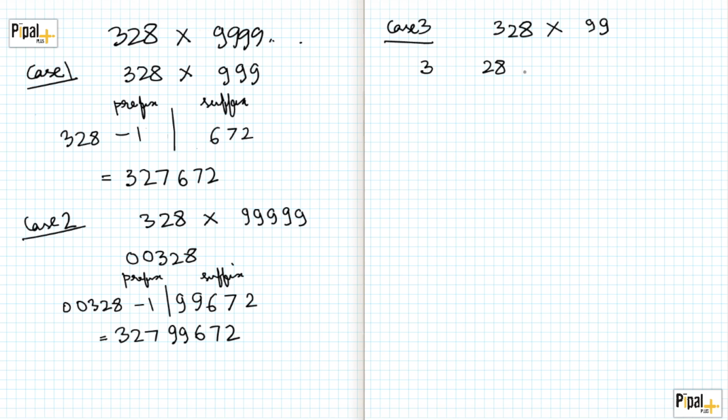And then for my prefix this time, I just pick up 328, the entire number. I subtract not only the number that I formed by separating out all the superfluous digits, I subtract 3 from here and I subtract an additional 1.